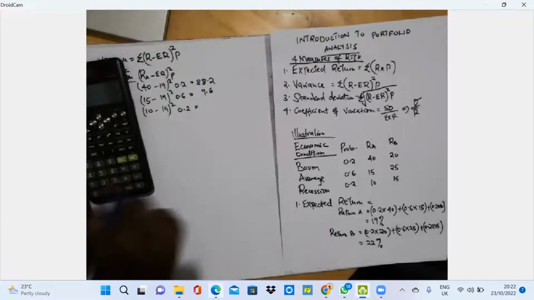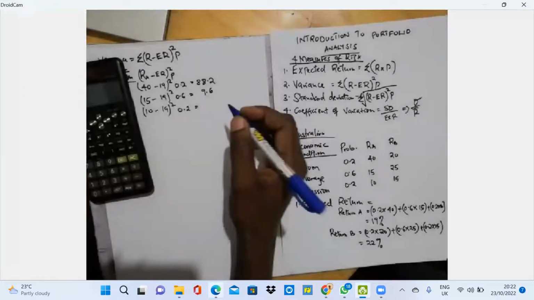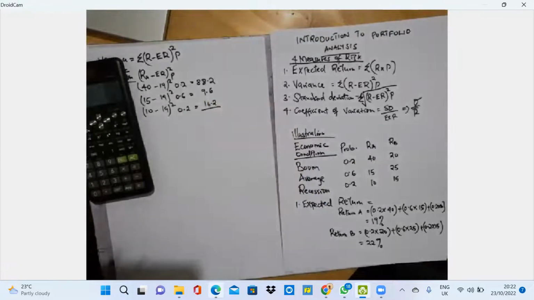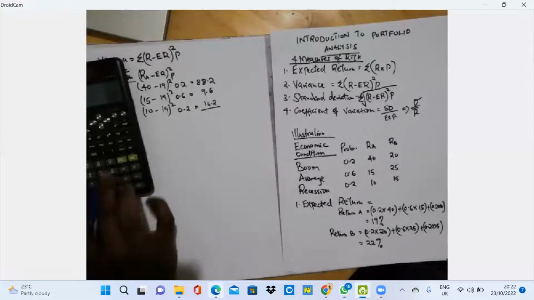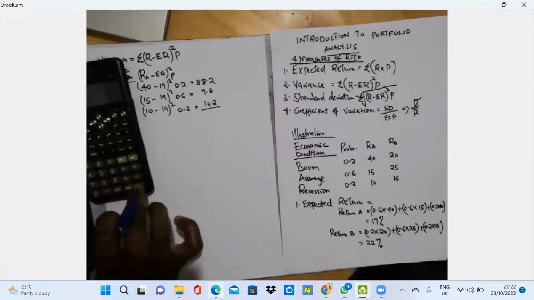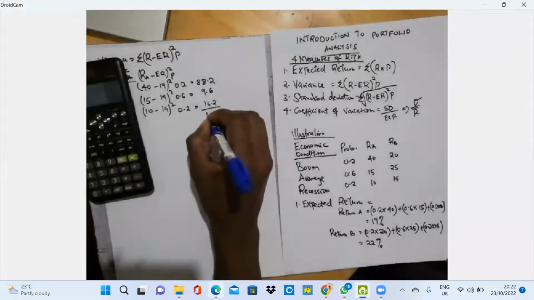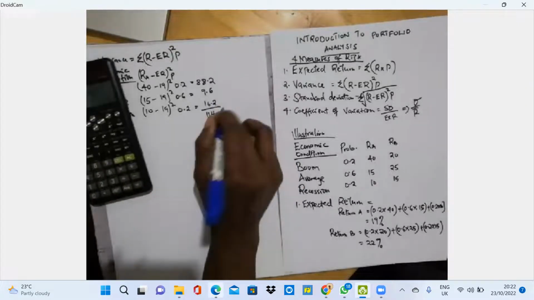And then we have 10 minus 19 squared multiplied by 0.2, 16.2. Then we get the sum, 16.2 plus 9.6 plus 88.2, 114. So this is the variance.